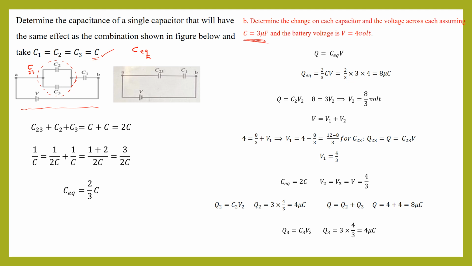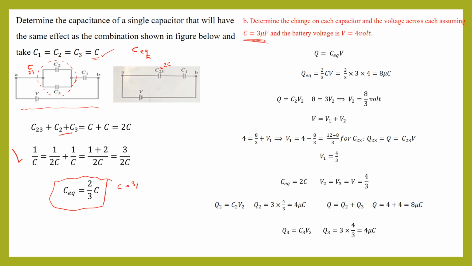These two capacitors are in parallel, then the normal sum is 2C. This one, C23, which is 2C, is connected to C1 in series. Then we can calculate C equivalent by this equation. C equivalent, everybody, is 2 over 3 C, in which C is 3 microfarad.